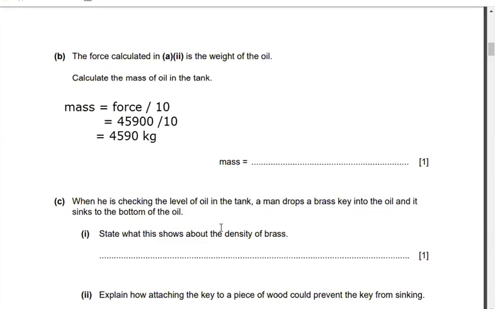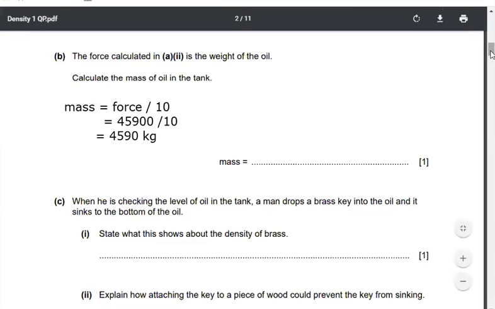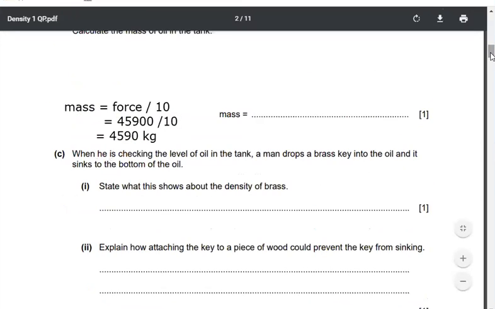Because it sinks to the bottom. So density decides whether the object will sink or float. If the object is denser, it will sink, and if the object is less dense, it will float.